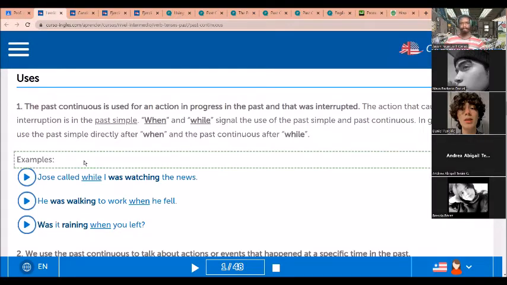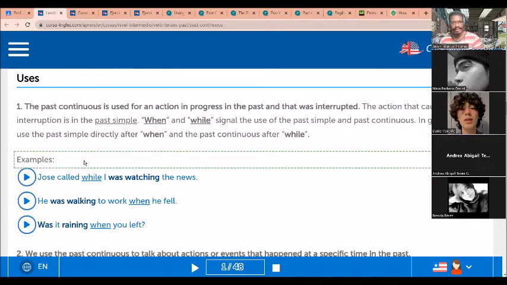When and while signal the use of the past simple and the past continuous. In general, we use the past simple directly after when and the past continuous after while. Example, Josh called while I was watching the news. He was walking to work when he fell. Was it raining when you left?